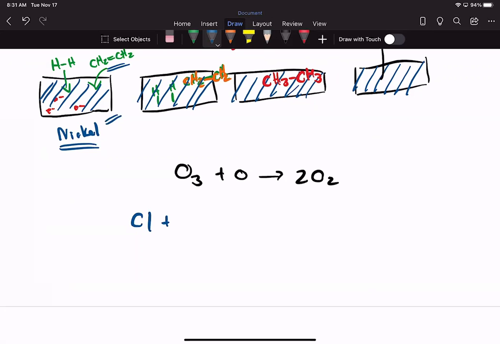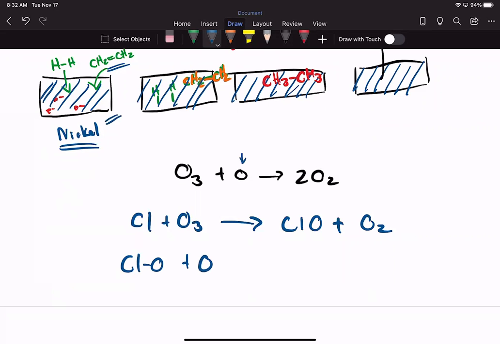So we would put some O3 here. Chlorine reacting with ozone, and we're going to get a chlorine-oxygen intermediate here, plus we're going to get some O2. Then we can have this chlorine that's bonded to this oxygen react with some oxygen radicals in the air, right?